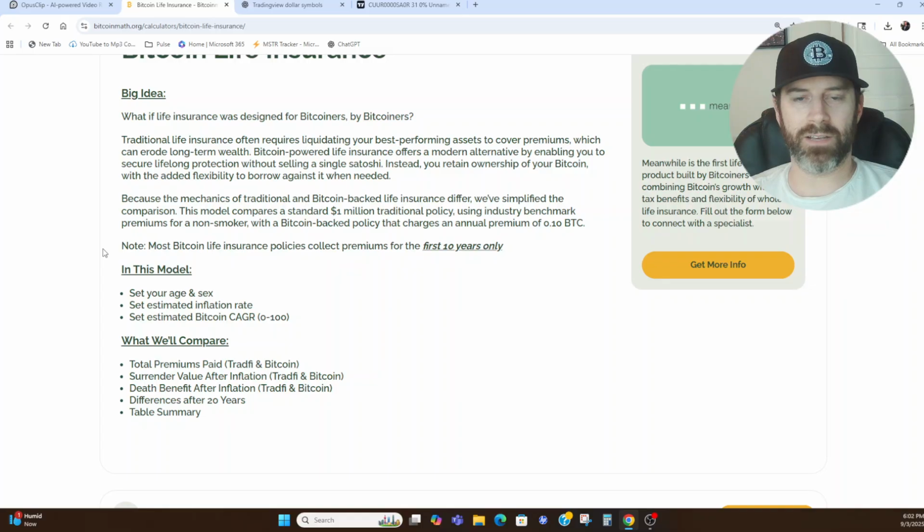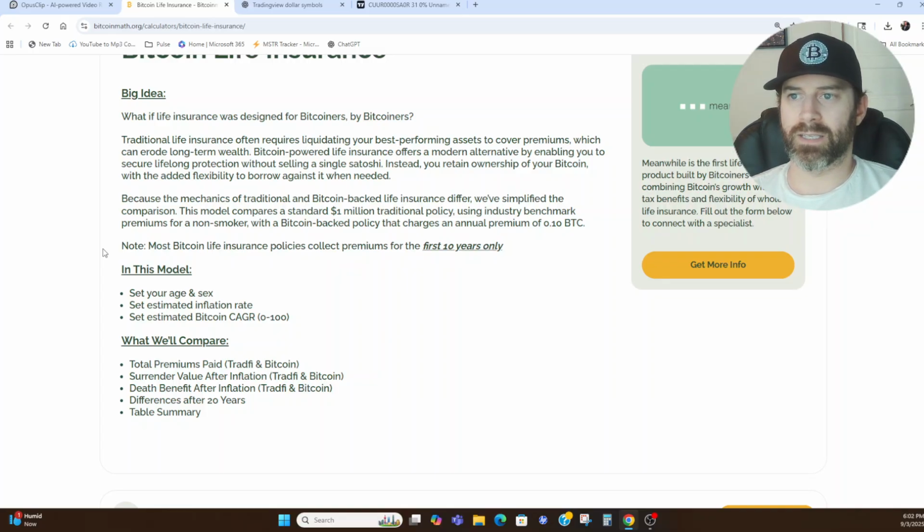And we've made it easy for you to configure your specific demographics, your gender, your age, and then, of course, what you believe the inflation rate will be for the next 20 years and what you think the Bitcoin growth rate will be for the next 20 years.